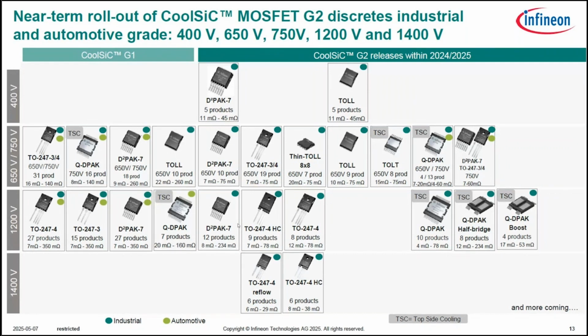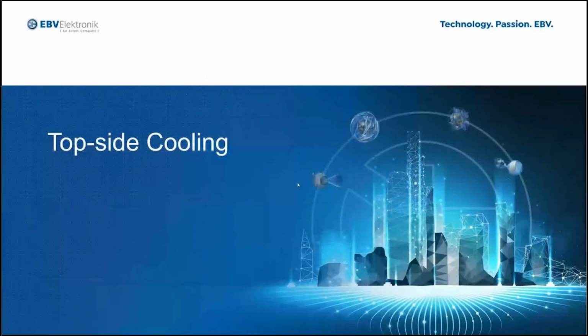I will not go through every single device, but you should not miss any device or package in this portfolio. This slide also reports which packages are available in which generation in automotive and industrial qualification. I will come back later to the topside cooling that you see in this slide with a dedicated session, which is beginning now.